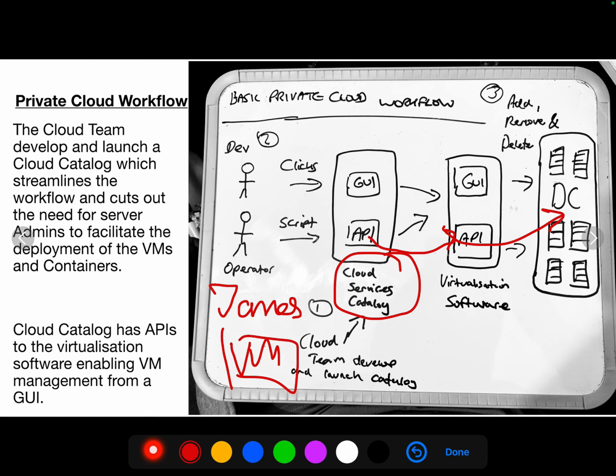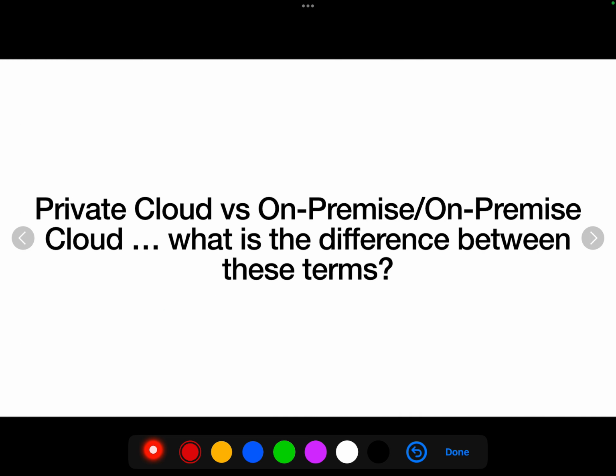Okay, the cloud services catalog has APIs to the virtualization software, and that enables VM management from a user interface, a graphical user interface. So that is a private cloud workflow. Now I just want to break down these two terms, private cloud and on-premise, or on-premise cloud.